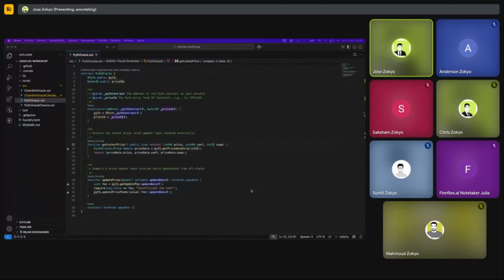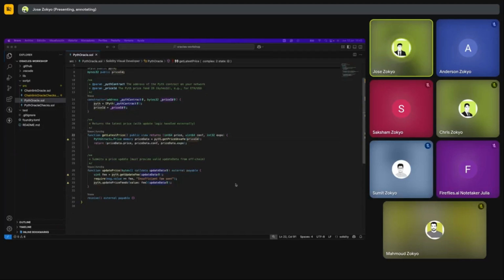As I said, the Pyth Oracle takes the prices off chain and does not push them to the chain until one user gets the price and pushes it. As you can see here, we have the function which is used to update prices. You can see we are updating the price, not getting the price. This function is external payable, so anyone can come here and push a price to Pyth.